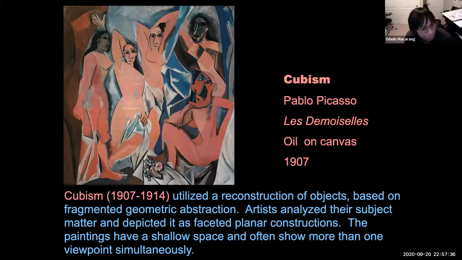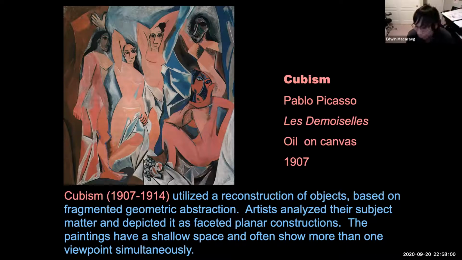Les Demoiselles d'Avignon. So Avignon is a place in France known for its popular red light districts. In other words, these are places where people go at night, they party, they drink, and they do that basically all night long, even during the daytime.